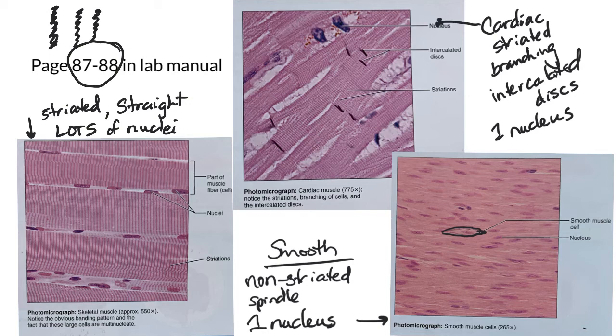And then you have the M line. So notice we have these alternating light and dark bands, and that's where the striation comes from. So in other words, make sure you can identify the difference between skeletal, cardiac, and smooth muscle, because you will have a question or two regarding identification.